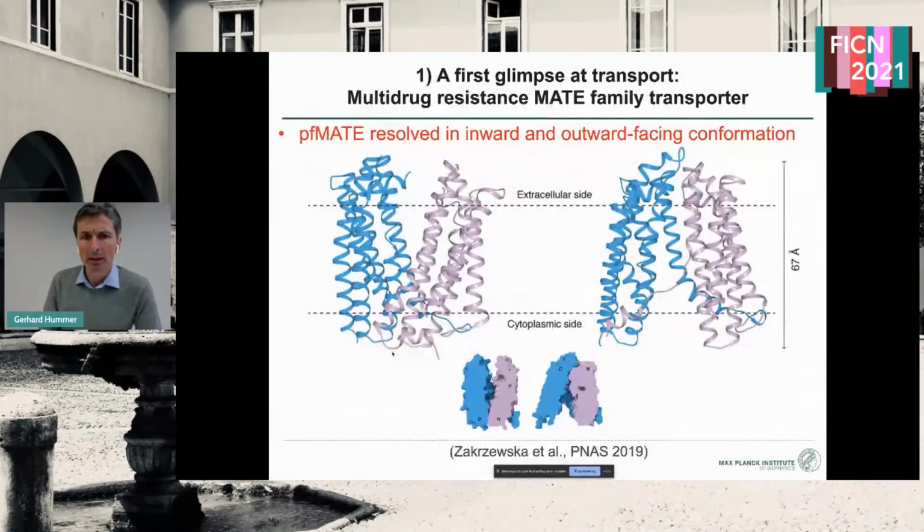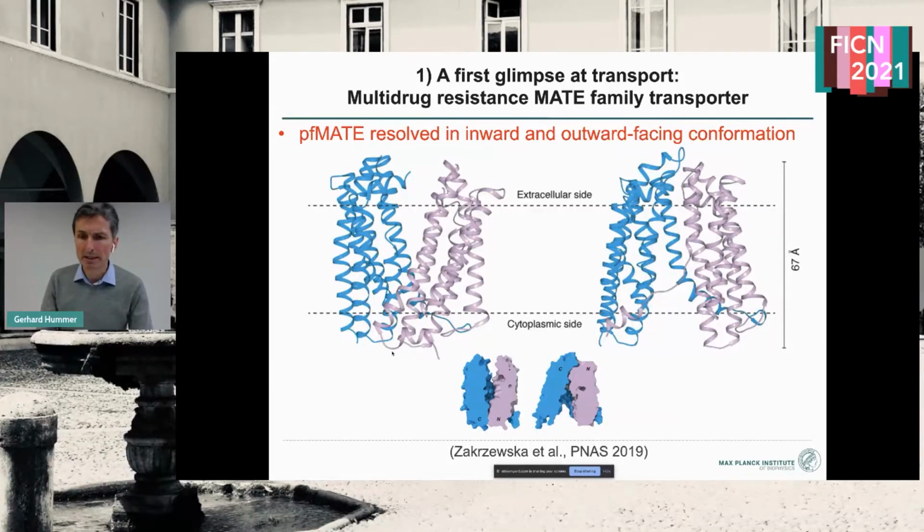So with this in mind, we can have a first look at the transport process, and this is work done in collaboration with the groups of Schara Safarian and Hartmut Michel here at the MPI of Biophysics. Their groups have solved the structure of a multidrug resistance MATE family transporter, and they now have structures in both an inward-facing and an outward-facing conformation, and these are shown here at the backbone level with the membrane schematically indicated by the dashed lines.